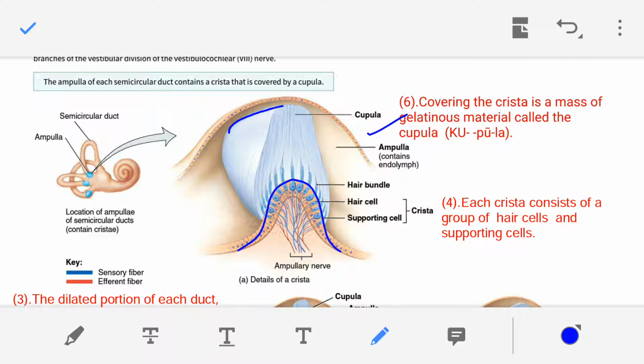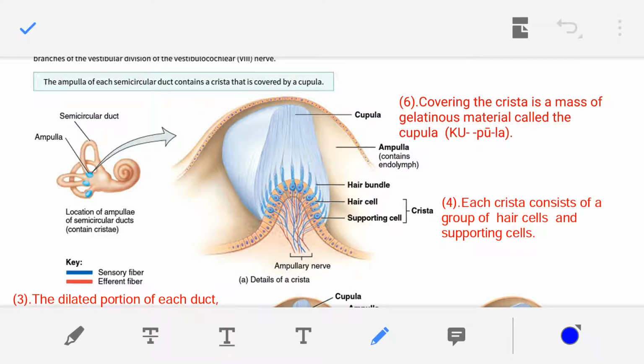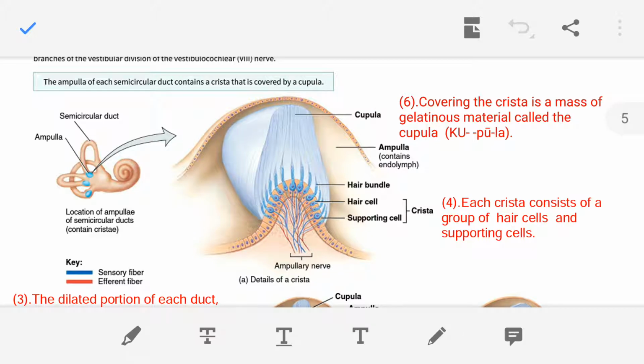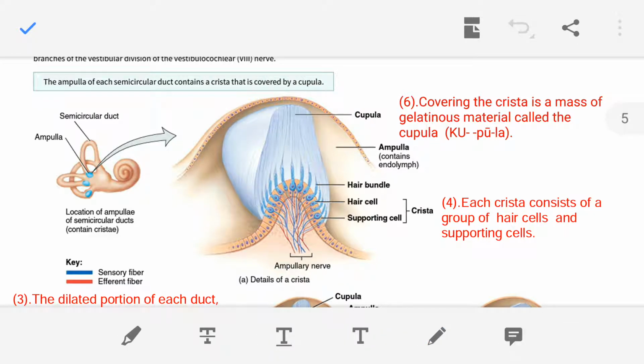Here you can see this mass of gelatinous material, and this mass is known as the cupula. So once again, the crista is covered by a mass of gelatinous material which is known as the cupula. This one is the cupula. Now the seventh point.